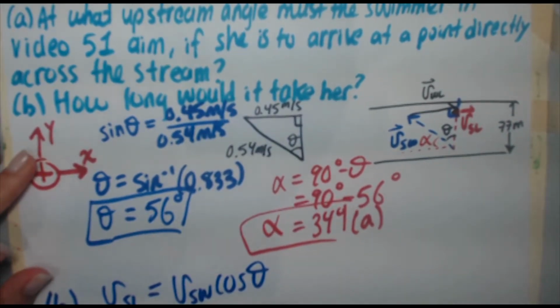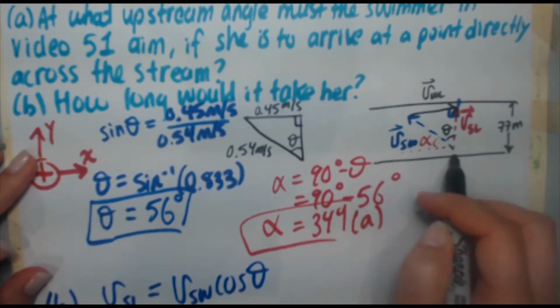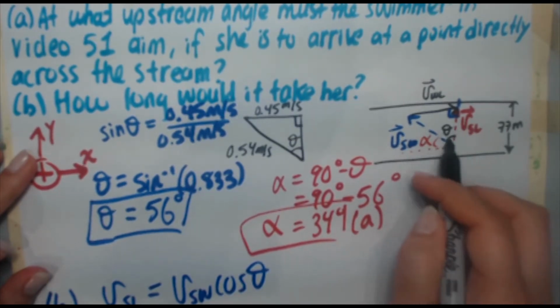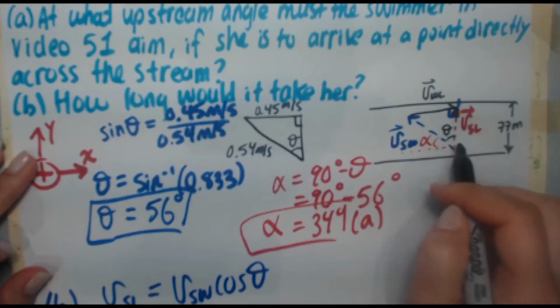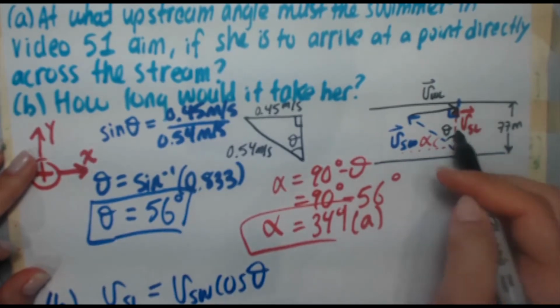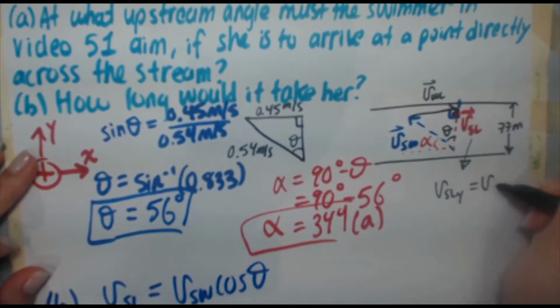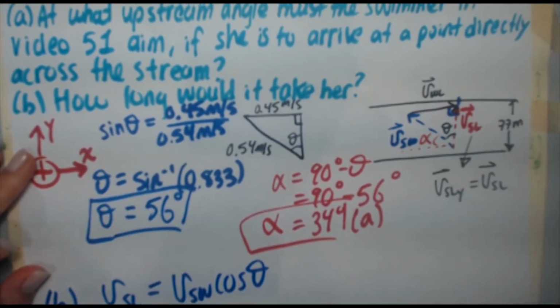VSW is going to be the hypotenuse of this triangle. The hypotenuse times the cosine of the angle gives you the adjacent, which is what we need, VSL. We actually are going to need VSL in the y direction, and VSLy is equal to VSL, since they're both going in the same direction.